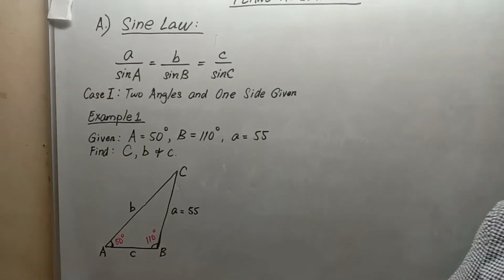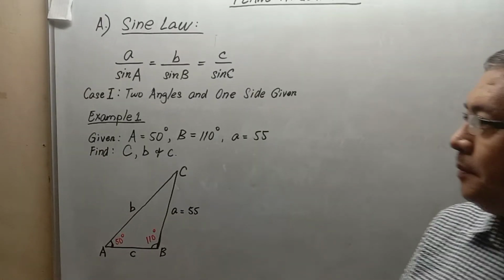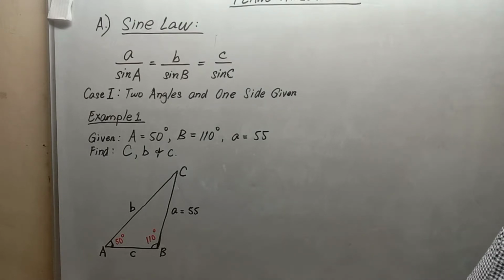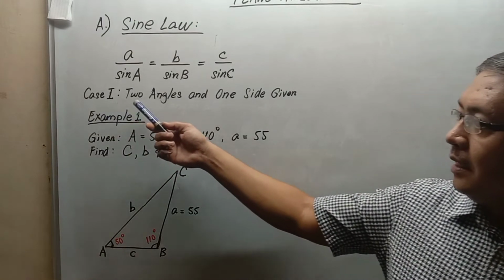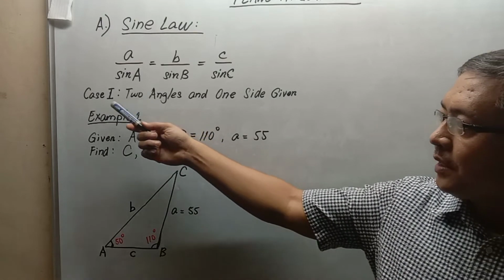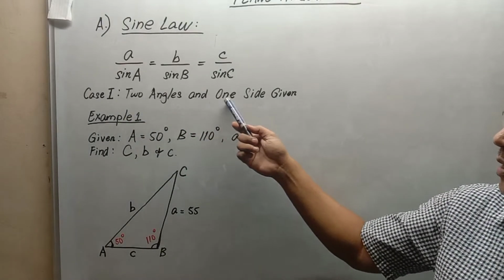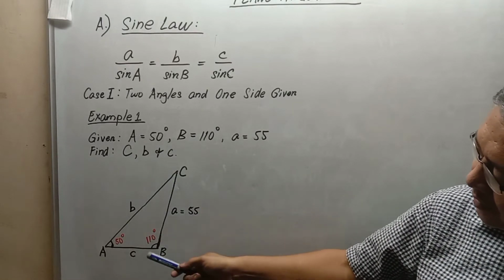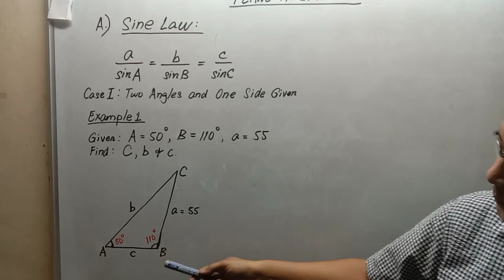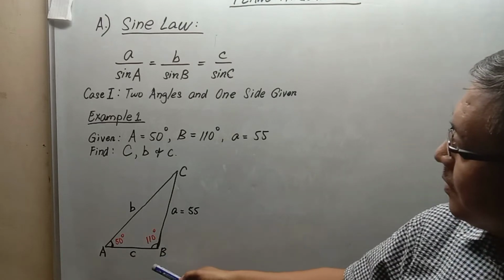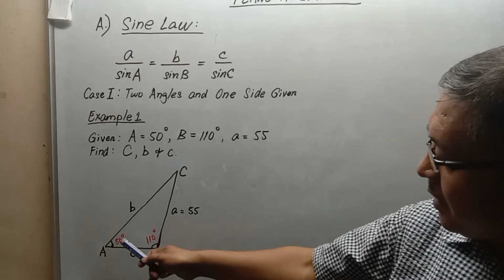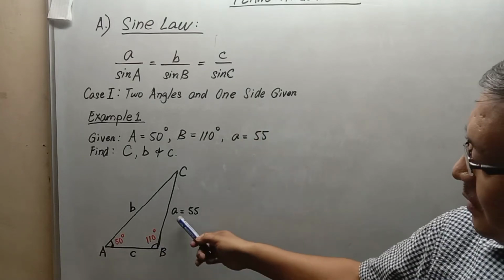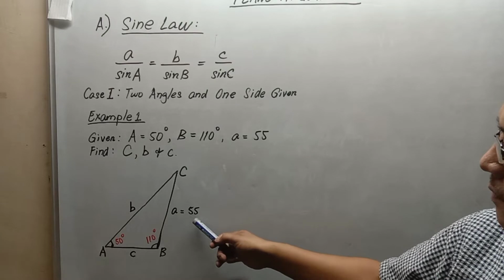Okay, guys, we have here an example problem number 1 related to sine law, under case 1, since the condition for case 1 is 2 angles and 1 side are given. In this oblique triangle, 2 angles are given: angle A is 50 degrees, angle B is 110 degrees, and 1 side A is given.